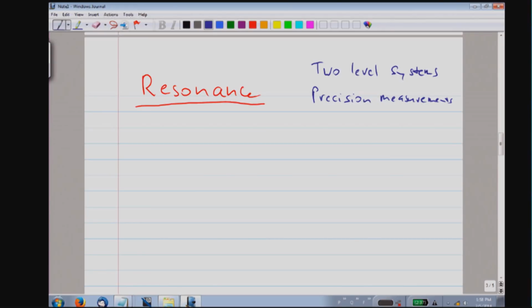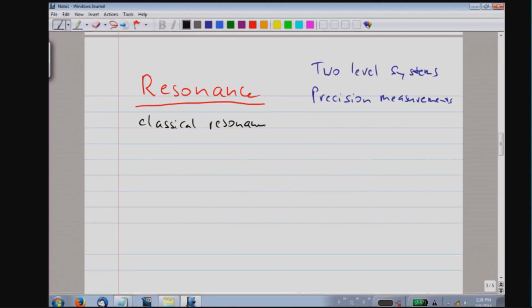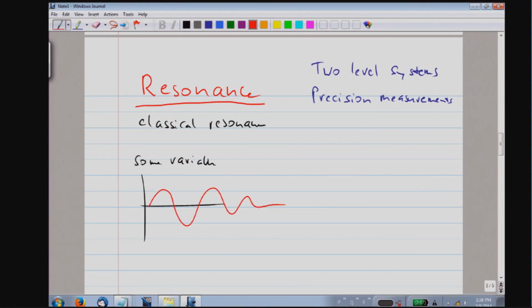So, what is a resonance? Well, we can first look at a classical resonance. A resonance is something where we have some variable and it varies periodically.